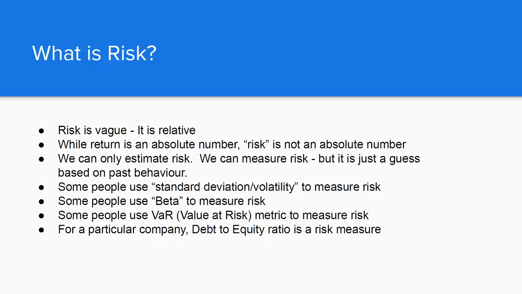Now, if you want to measure the risk of a particular company, the debt to equity ratio, which basically tells how much loan the company has taken, can also be used as a risk measure, right? So as you can see, while return is definitive, risk is actually a reasonably vague concept, because there is not one number attached to what risk is.